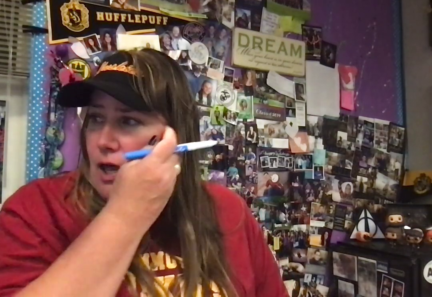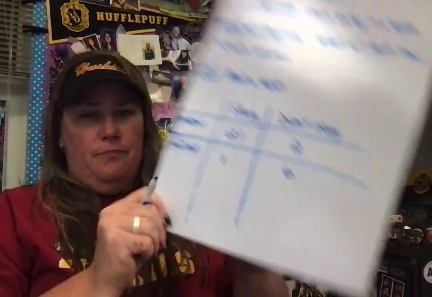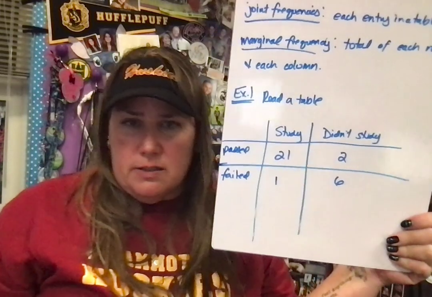This is up to you, but it's hard for me to say, oh, look at that, when I should have it up here. And then whether they passed or failed. Okay. So they're going to ask you to read this.